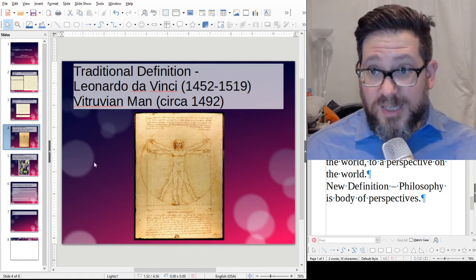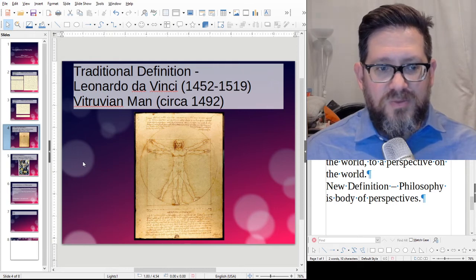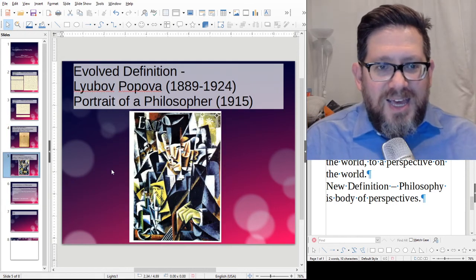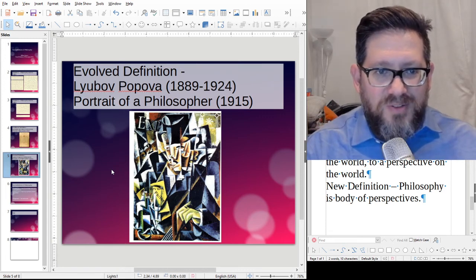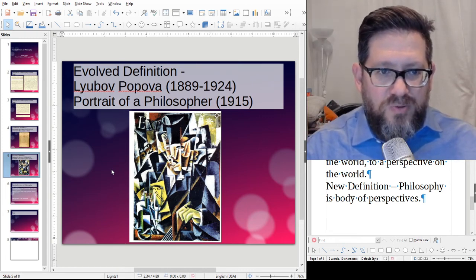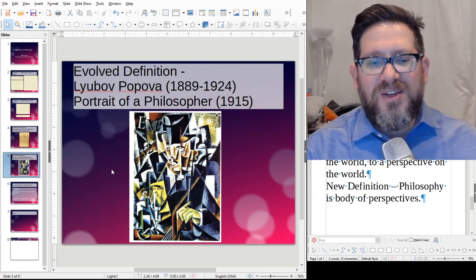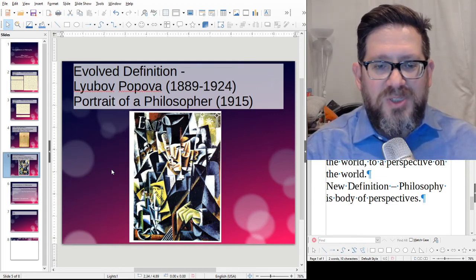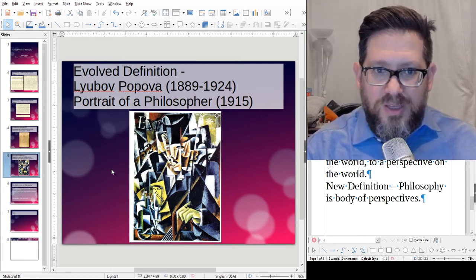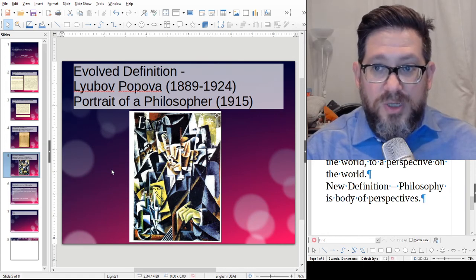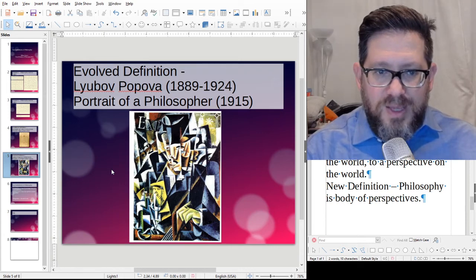All right, what's my next piece of art? It comes from Russia, and this is our new evolved definition. It's Liubov Popova, and she was alive right when William James was alive too, and writing, and she's very much in touch, I feel, with some of these new currents running through philosophy.